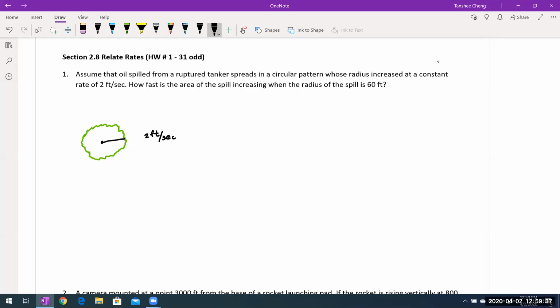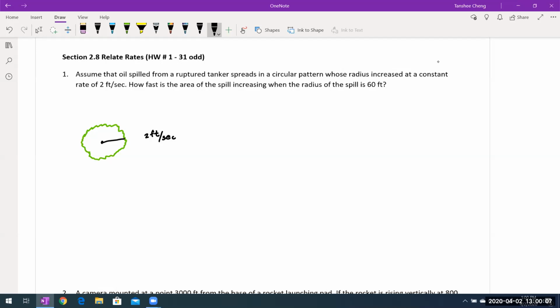Sometimes this problem is not that difficult. In some problems, it will be more difficult to find by itself. So the idea of related rates is that we are looking for the rate of change of a certain thing in terms of another rate of change, something that we already know. Because as the radius is increasing, at the same time the area will be increasing also, right?